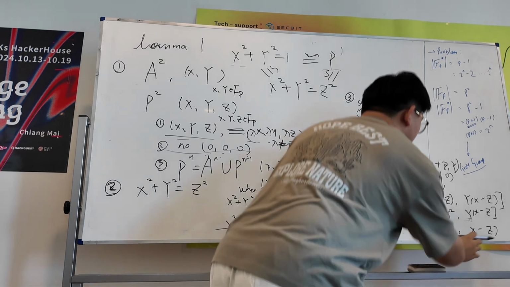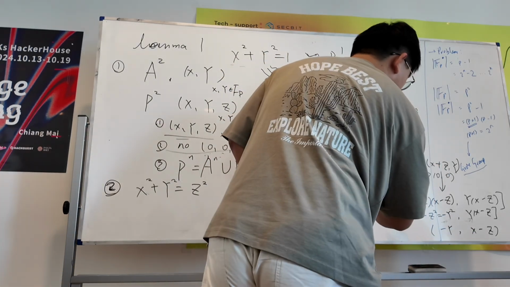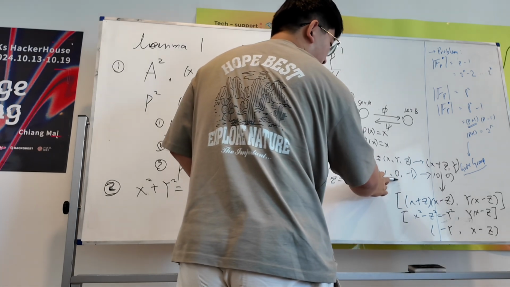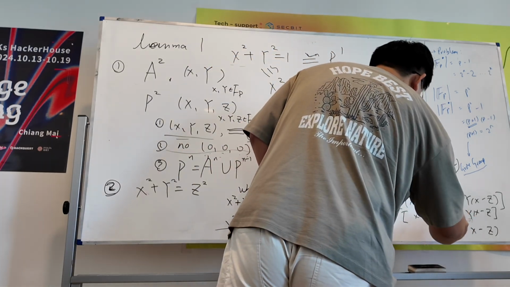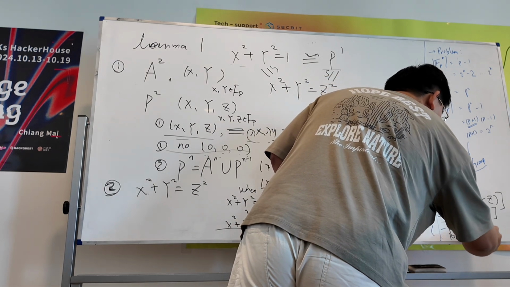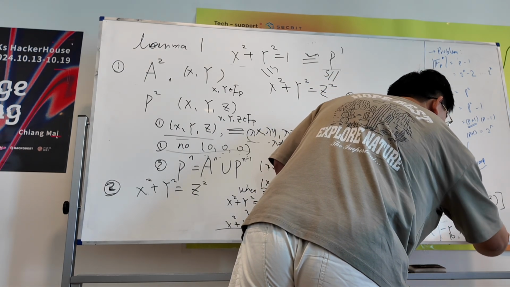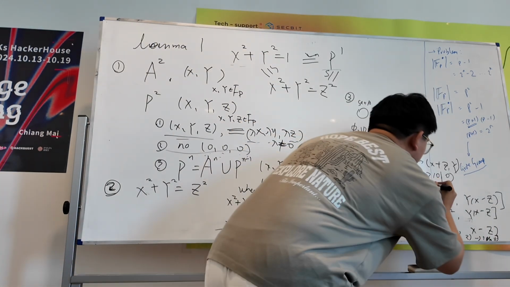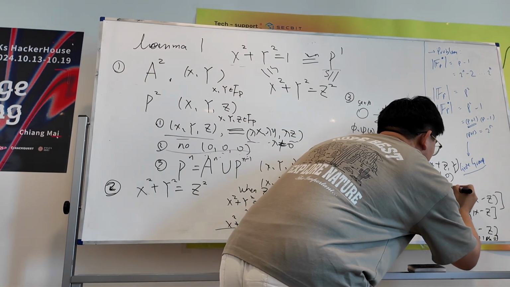So this point is not 0, 0 because if you put the point x, y, z to 1, 0, minus 1, it will be 0 and 2. Yeah, exactly it is 0 and 1. So that means here is exactly 0 and 1.